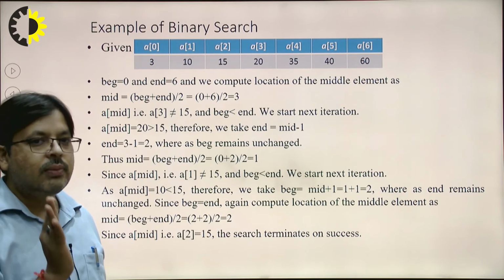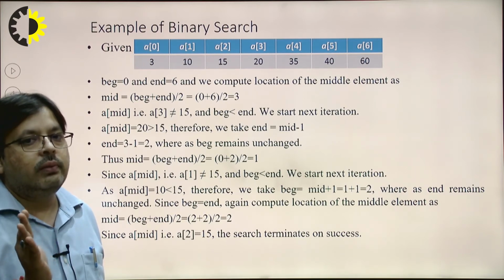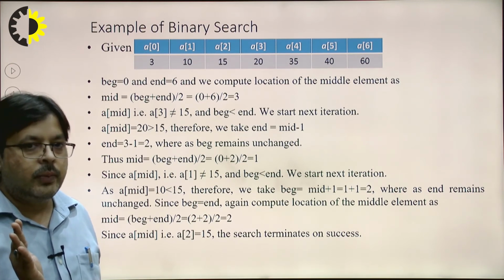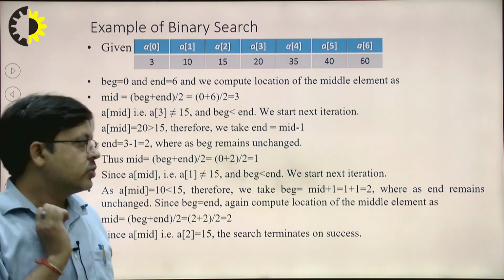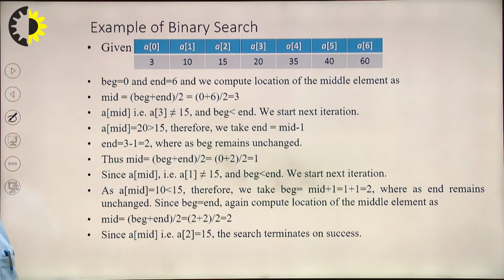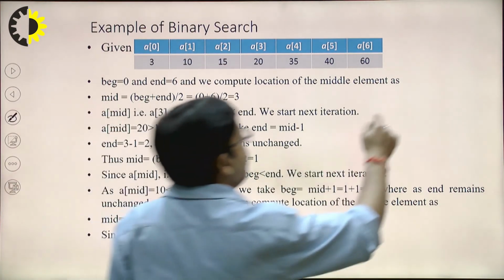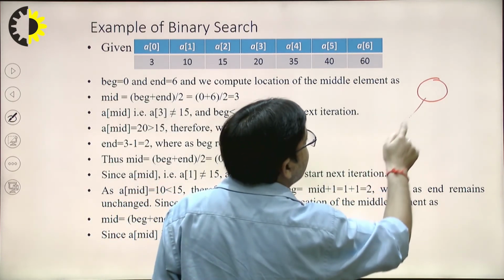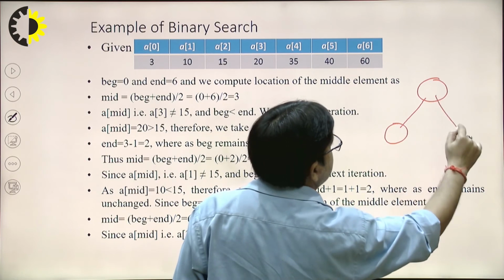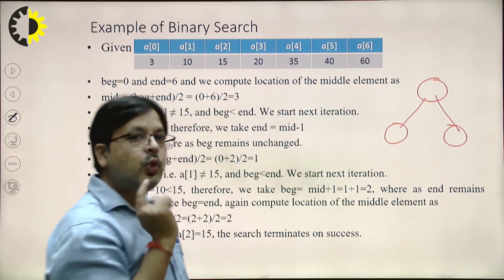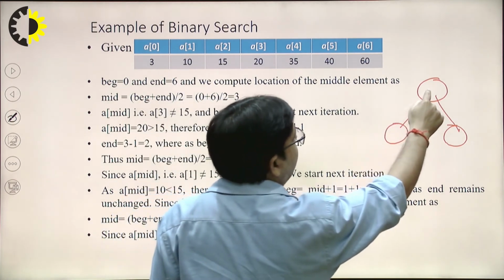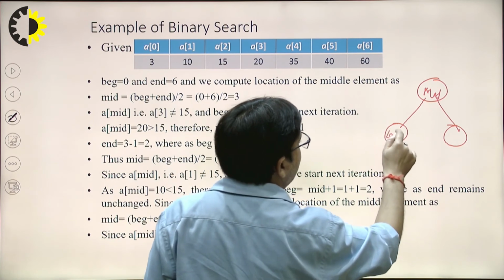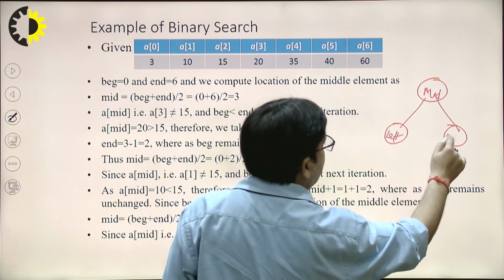In that situation, if the element is matched, then we say the element is found, otherwise we say the element is not found. But keep in mind, in this whole process we are dividing the array again and again. Suppose this is an array. We are splitting this array into two parts: here is the mid, here is the left of mid, here is the right of mid.